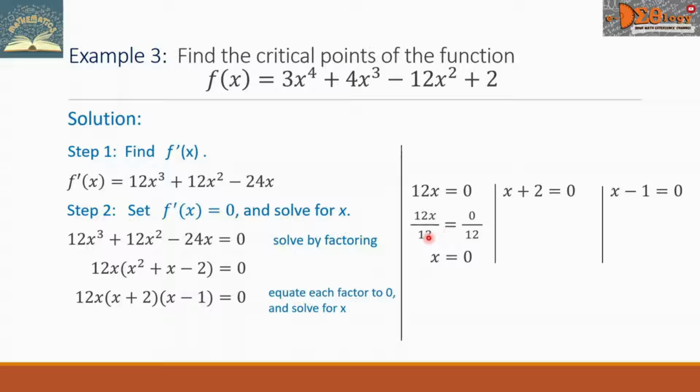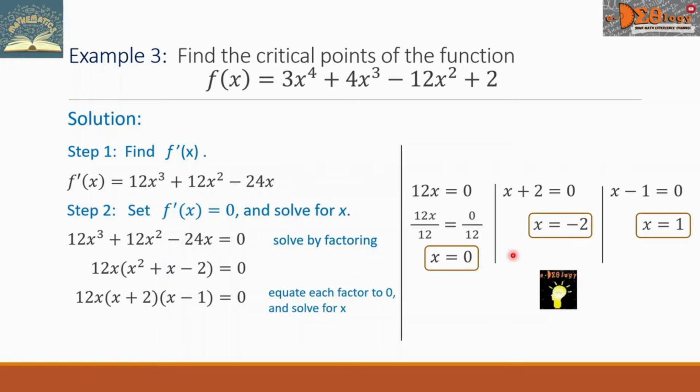This is the first critical point. For x plus 2 equals 0, we transpose positive 2 to the right. So we have x equals negative 2. This is the second critical point. Third, for x minus 1, we transpose this negative 1 to the right. So we have positive 1. x equals 1. The third critical point.